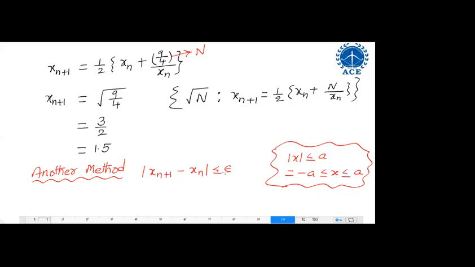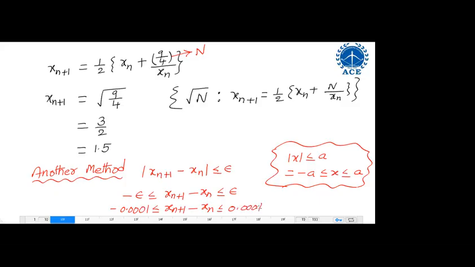So mod x less than or equal to epsilon means minus epsilon less than or equal to xn plus 1 minus xn less than or equal to epsilon. Epsilon is any number very near to 0.